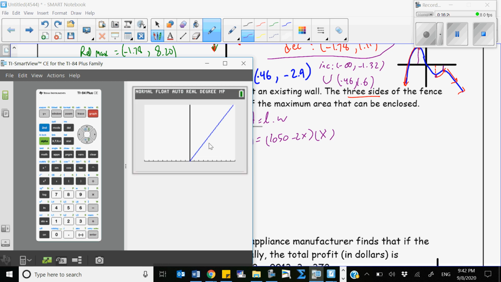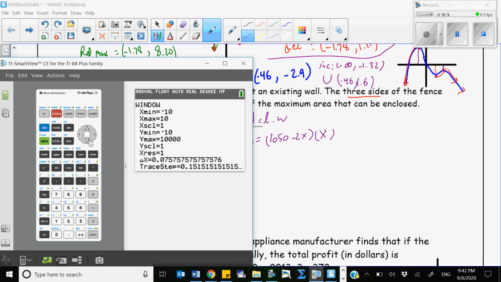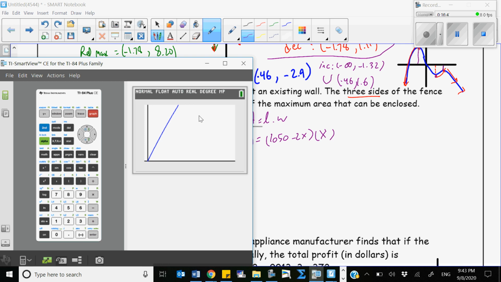Okay, so I have something here, but still this is not perfect. So I need to make my x and y bigger. Let's make the x max, I'm going to try 300, and the y max 100,000. Okay, still it's not big enough.